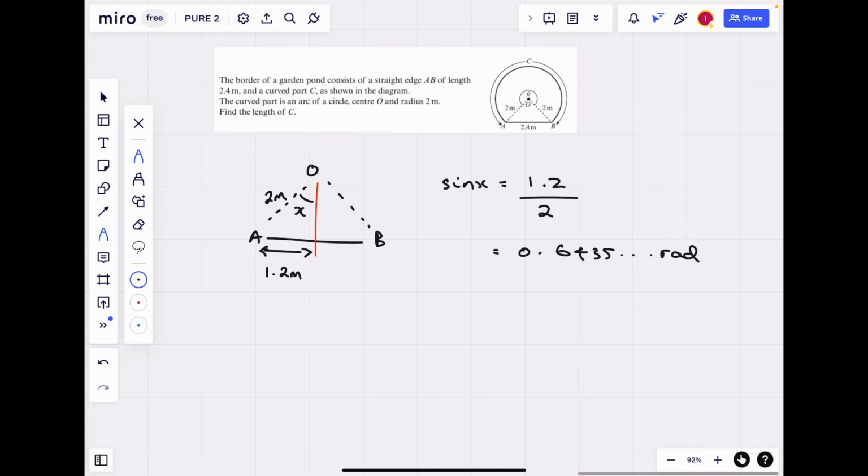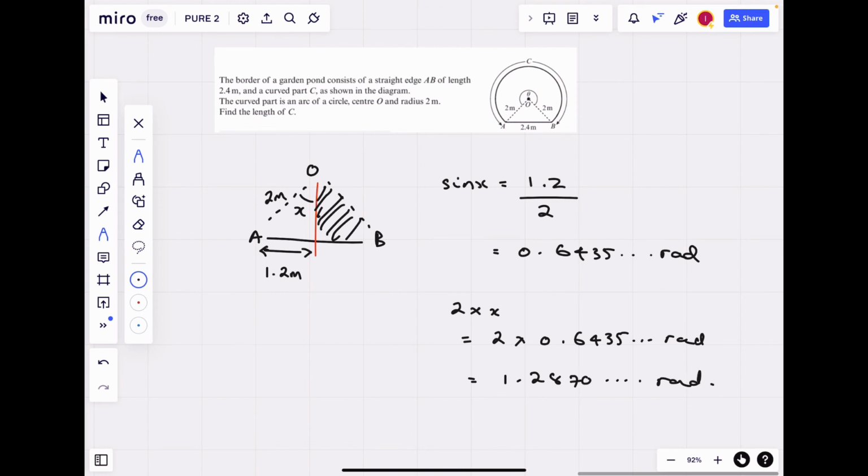So that's one part of our triangle. The other part, so from all of this bit, would be the same, wouldn't it? So we do 2 times x. 2 times 0.6435 radians, which gives us 1.2870 and so on radians.